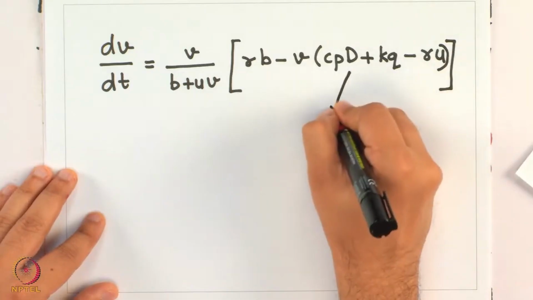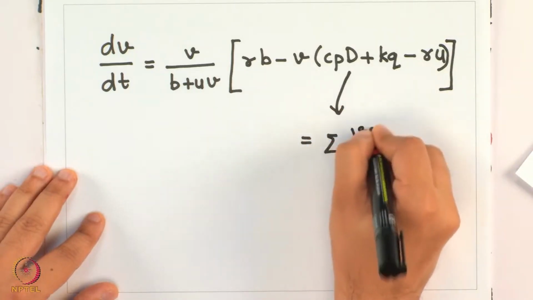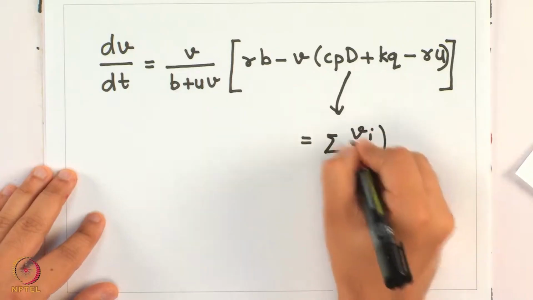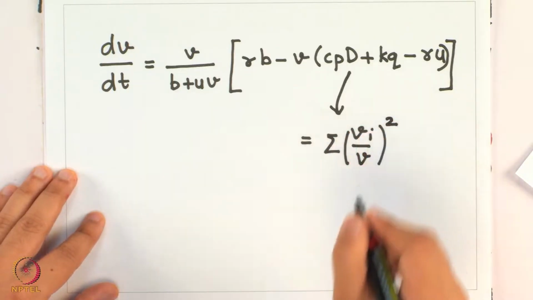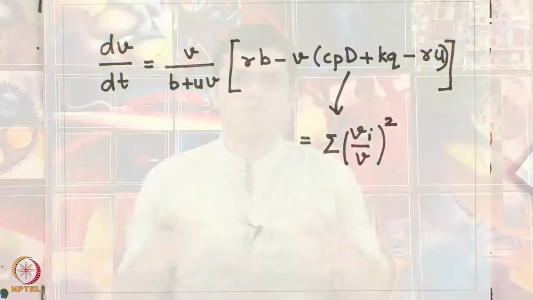Where D is just defined as sigma Vi upon V square, which is just an inverse measure of the diversity associated with the viral infection. If you have lots of virus particles which together make up the total number V, then D is going to be very small and indicate that there is a high amount of variability associated with various virus particles.